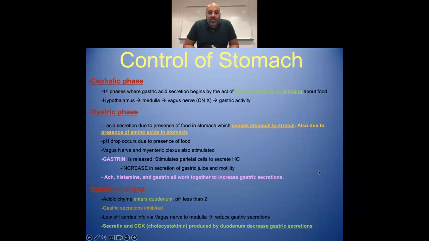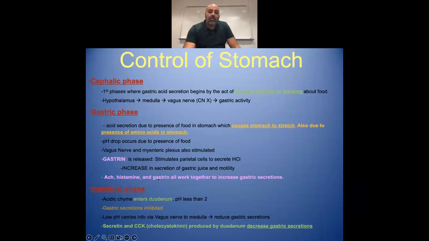Okay? Gastric phase, this is where food is in there. So because food is in there, we'll see that stretch of the stomach. The stretch of the stomach relays back to the brain that we should have satiety, a feeling of fullness. It takes a little bit, right? And we'll release that gastrin, and because of that, we'll increase the production of HCl.